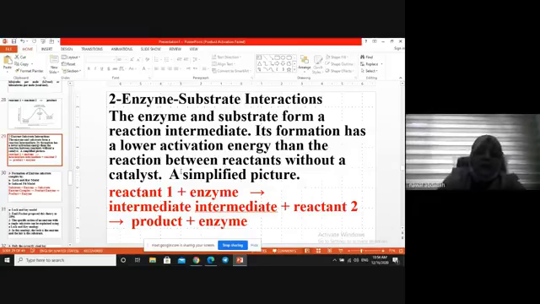A simple picture for this reaction, which is done by lowering the activation energy, is forming an intermediate. When we have two reactants, there will be formation of an intermediate. Reactant number one plus enzyme equals intermediate.